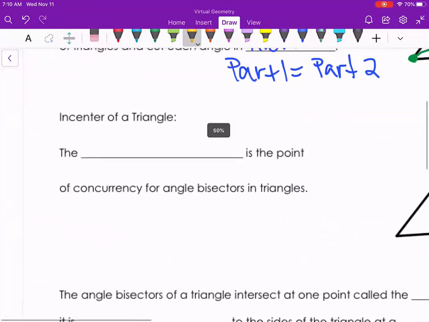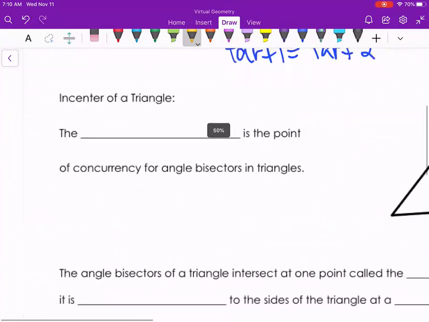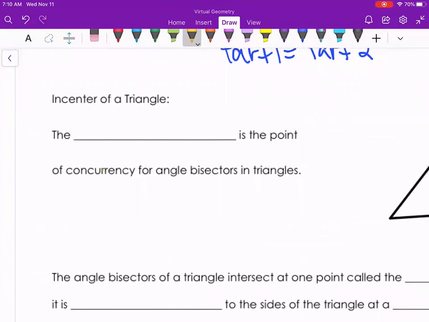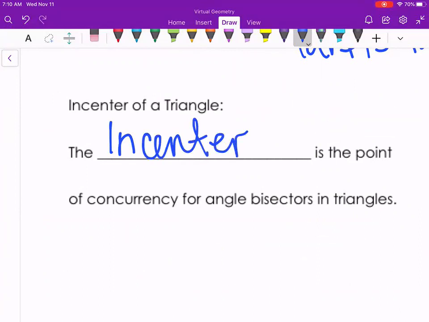So now notice that all 3 of those had angle bisectors. So we get what's called the incenter of a triangle. So the incenter is the point of concurrency for angle bisectors.